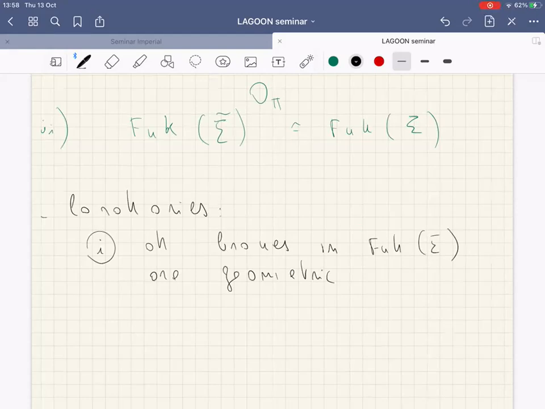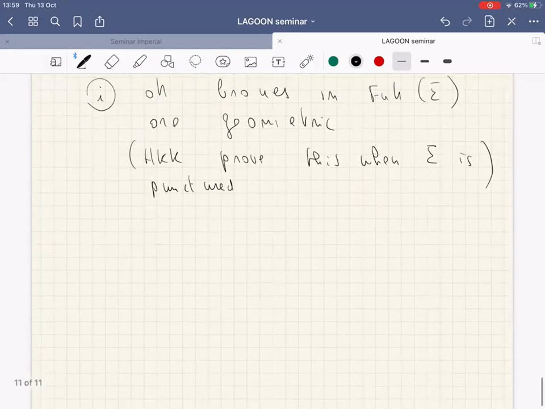This was proved in HKK when Sigma is punctured, and we are able to deduce this also in the compact case.